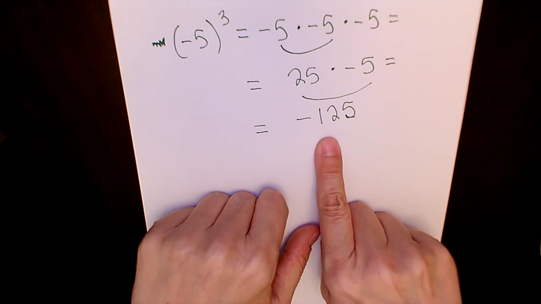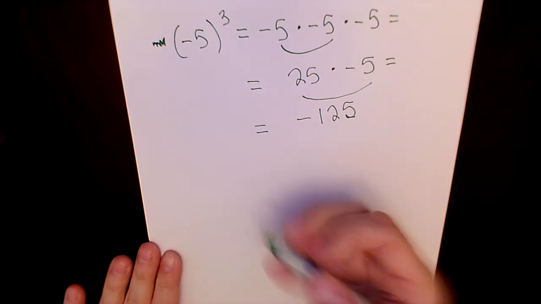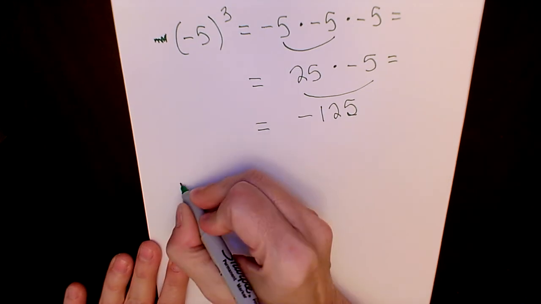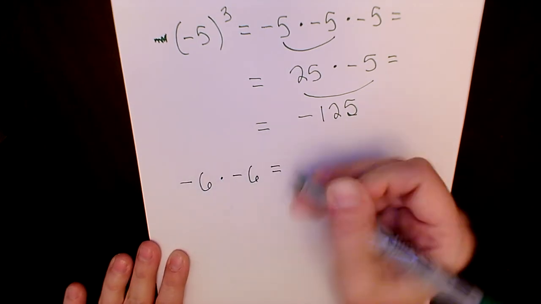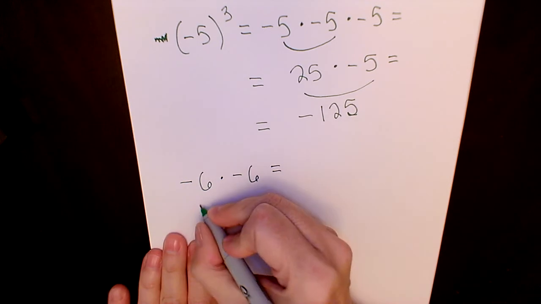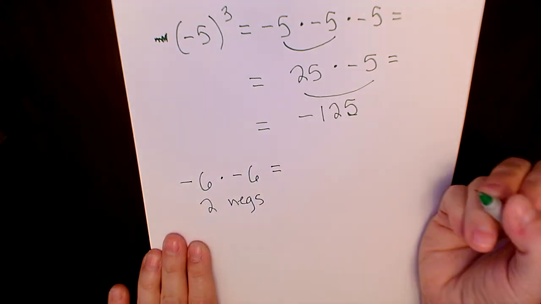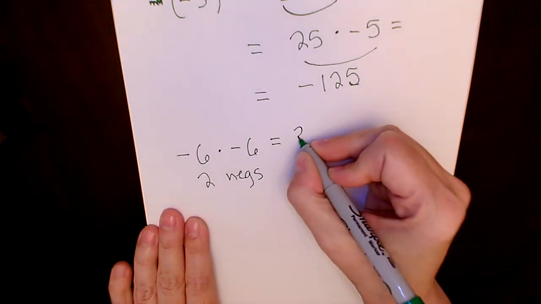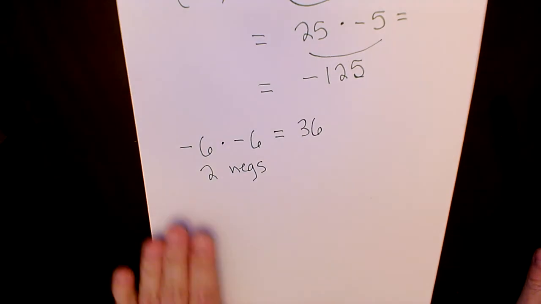to be negative. So if you have an even number of negatives, so if you have something like negative 6 times negative 6, I've got 2 negatives. So an even number of negatives, that's going to be a positive 36.